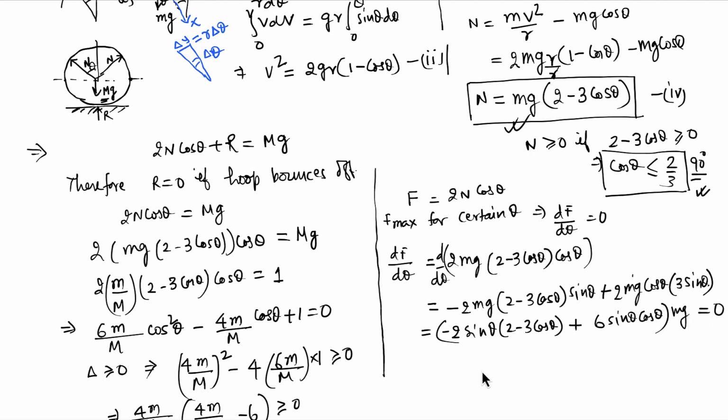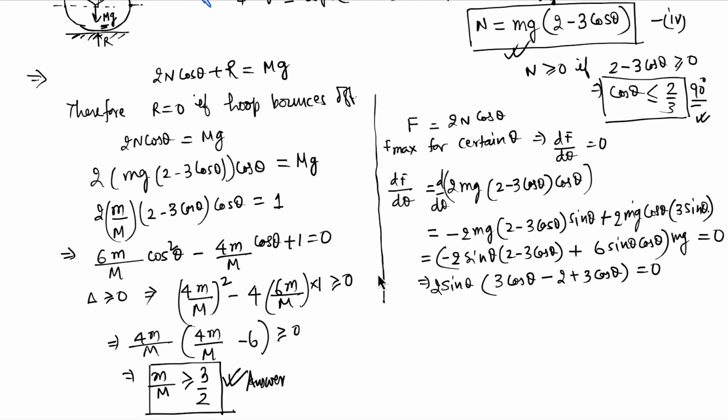And let's put this to 0. Therefore, if we take 2 sin theta outside, it becomes 3 cos theta minus 2 plus 3 cos theta equal to 0. Since theta can't be 0, this should be greater than 0. Therefore, 6 cos theta is 2. That implies cos theta is 1 by 3.